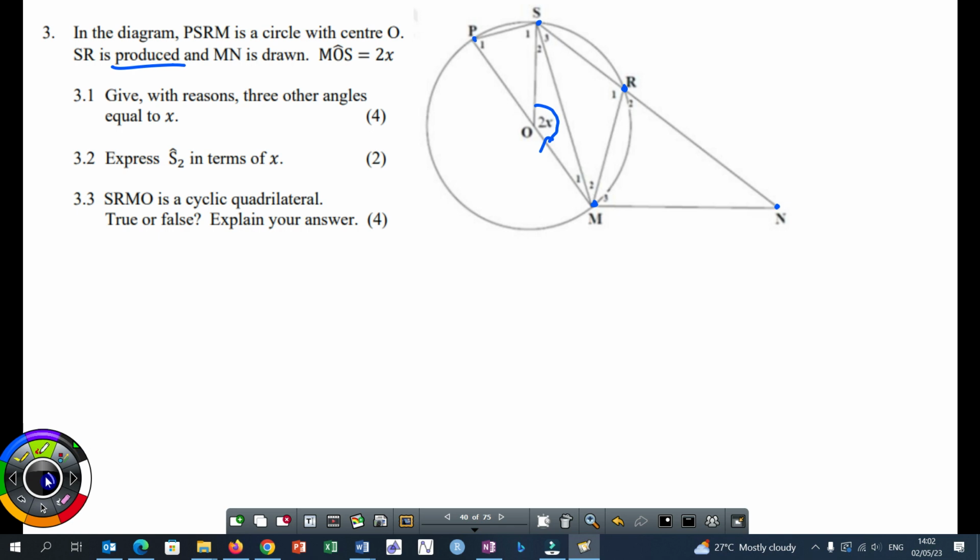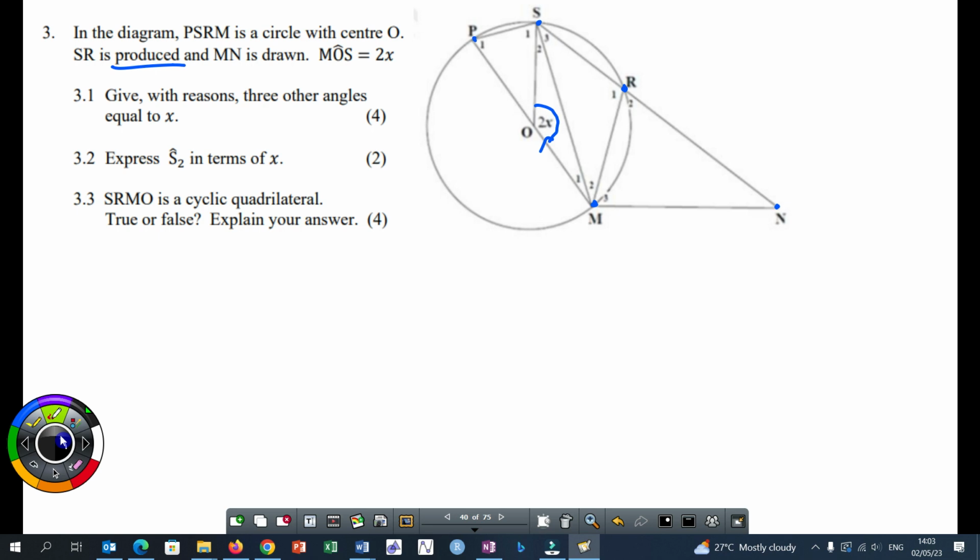P1. Okay. P1 is equal to X. What's the reason? Angle at center is equal to 2 times angle at circumference. Yes. Okay, yes, because both angles are subtended by called what?